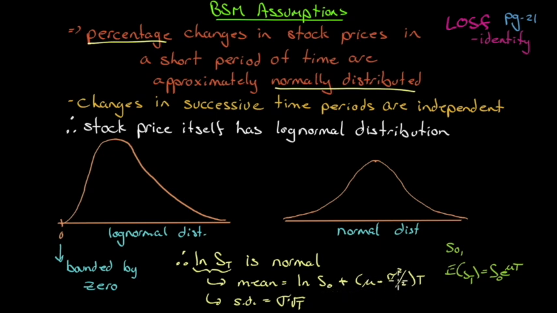This is one half of the variance squared, so it's just a drift component scaled for time, because the variance and the mean are expressed in annual terms. This is the expected return per year. This is the expected variance per year. These are expressed in annual terms, so we scale by t. If t is 1, then nothing changes here. And with a standard deviation of sigma, again multiplied by the square root of t because it's scaled for time.